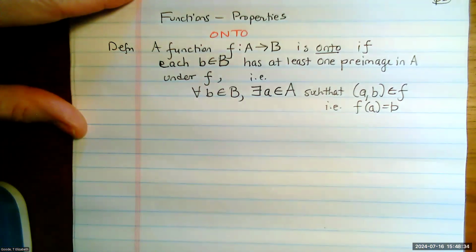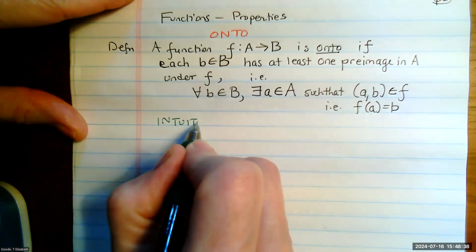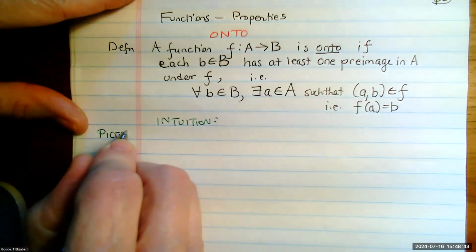And so if we want to think about intuition, we can think about a picture, thinking about the arrow diagram.